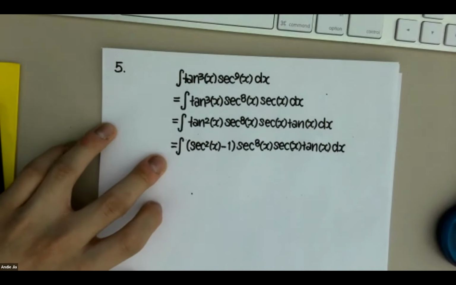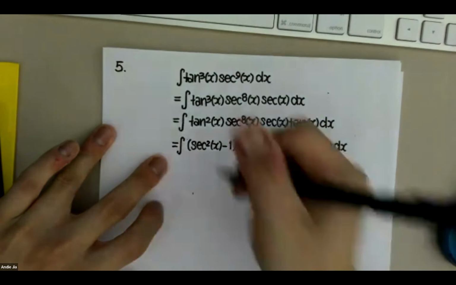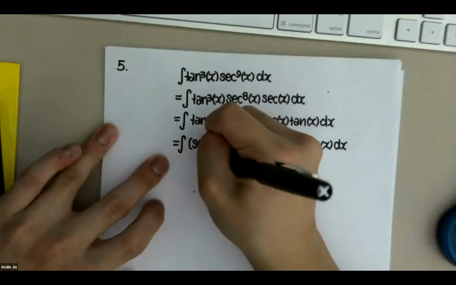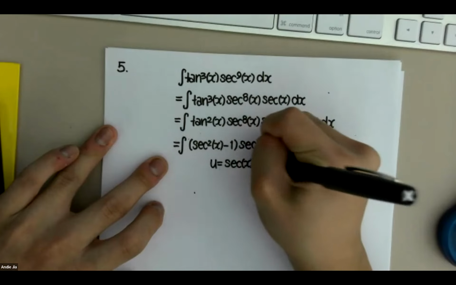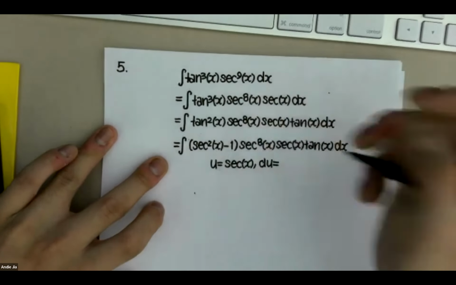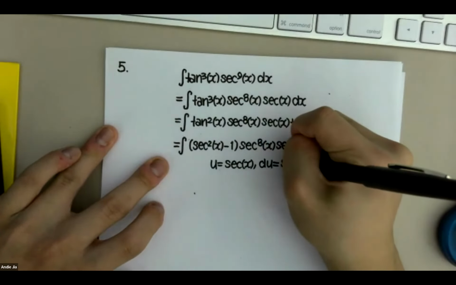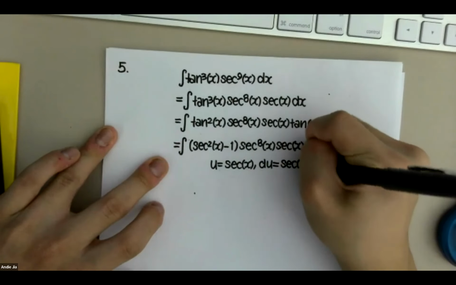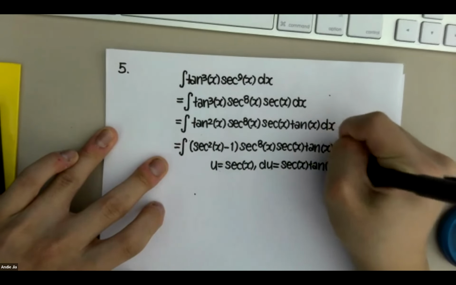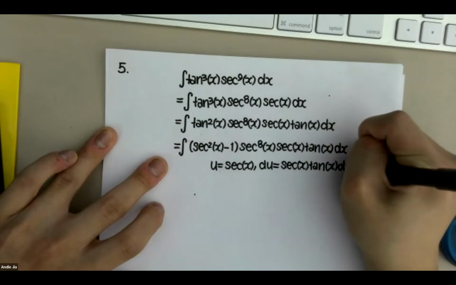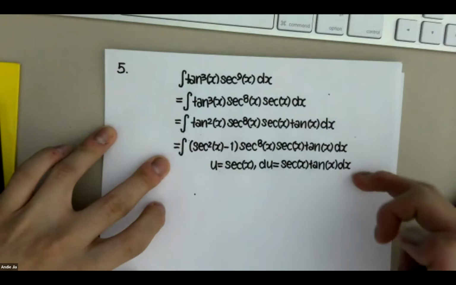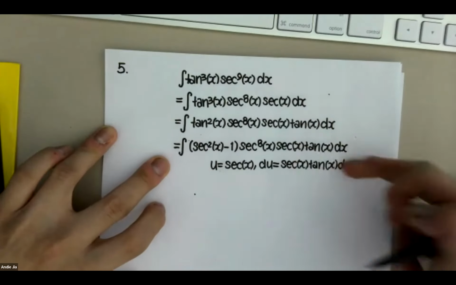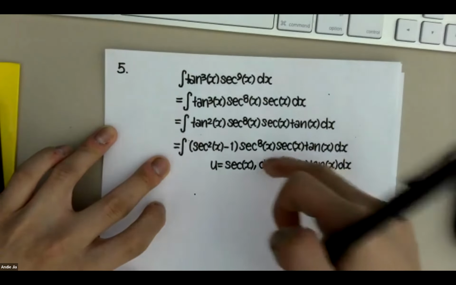dx. Now do u substitution. So u is equal to secant of x, and du is secant tangent dx, so dx is going to be du over this.